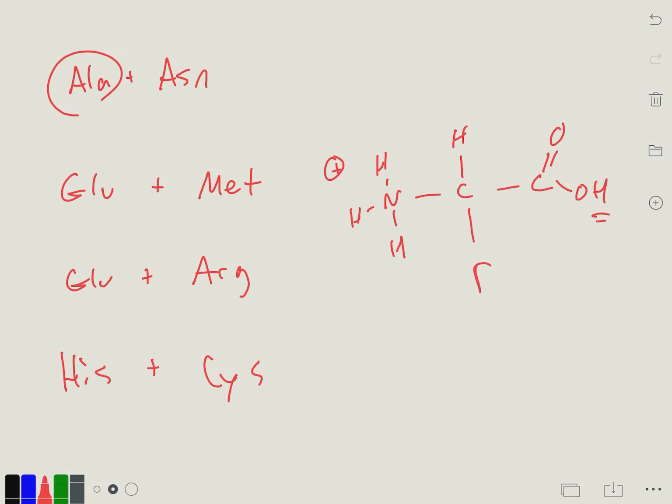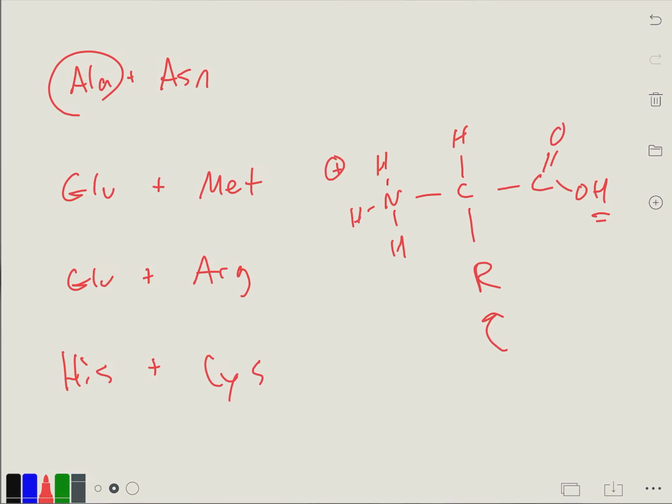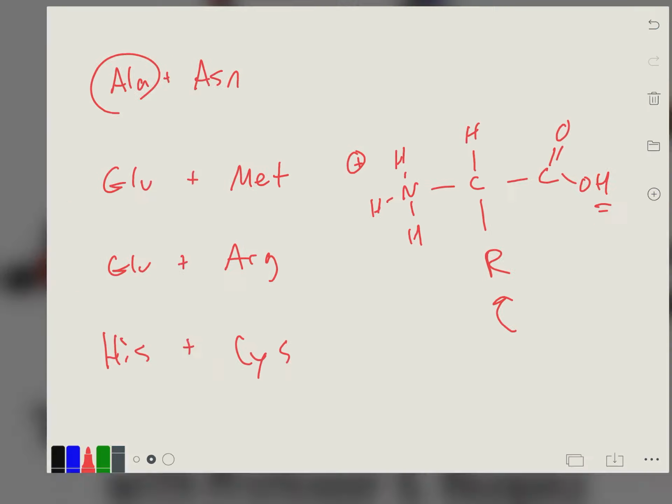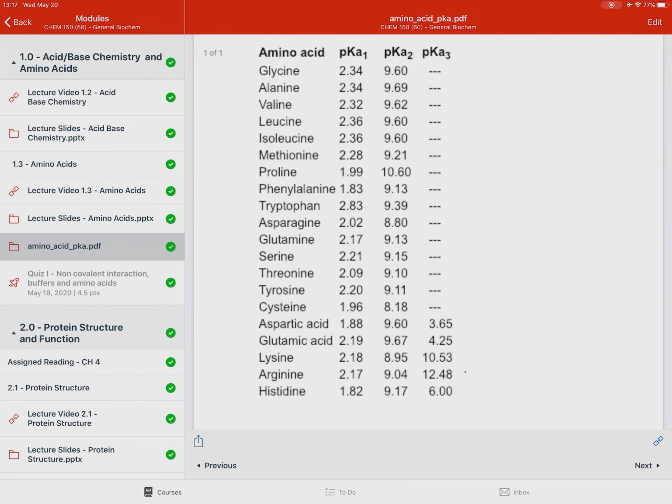And then it has an R group, and this is where the third acidic hydrogen could be. Only R groups that have acidic hydrogens are going to be able to form ionic bonds. And so you can see they are histidine, arginine, lysine, glutamic acid, and aspartic acid.